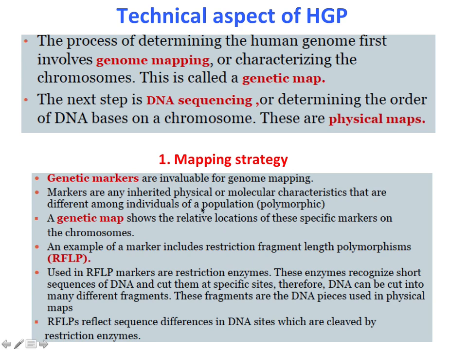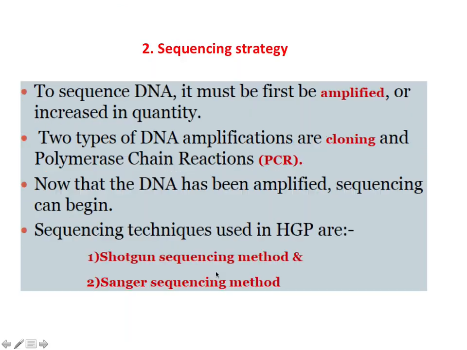That is called mapping strategy, or gene mapping. And the second step is sequencing. Once we clone the smaller fragments in the desired vector, they can be sequenced by the Sanger dideoxy method. Nowadays, all the advanced sequencer machines are based on the Sanger dideoxy method, and I have already discussed this method in the video.